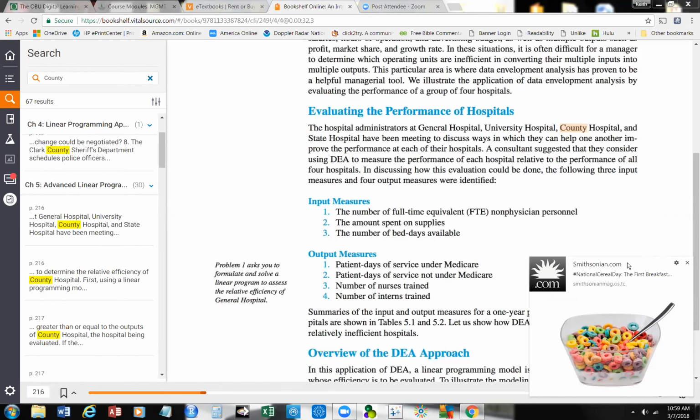So in the DEA case, we do one system component. Out in the real world, you do each system component, and you'd see which one appears to be out of range, appears to be an outlier, one that's either perhaps too efficient or not efficient enough.